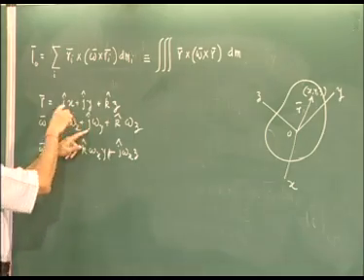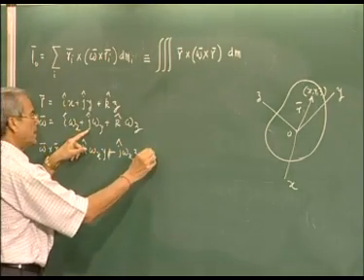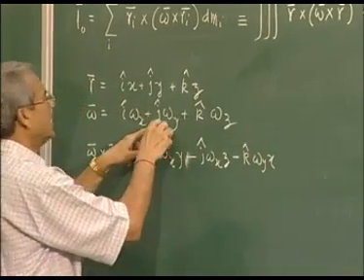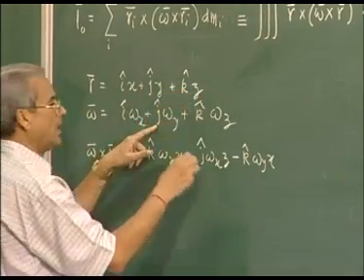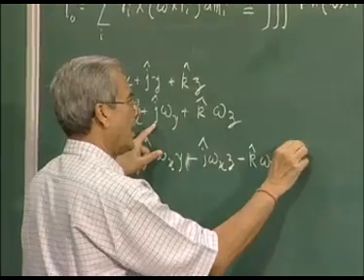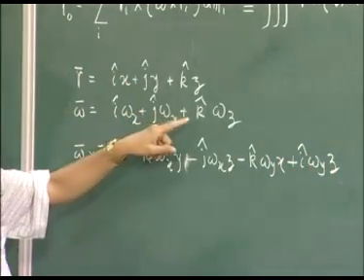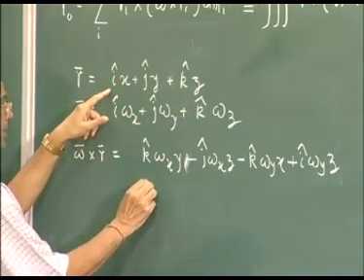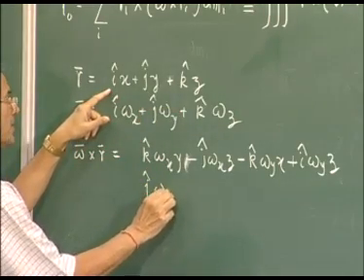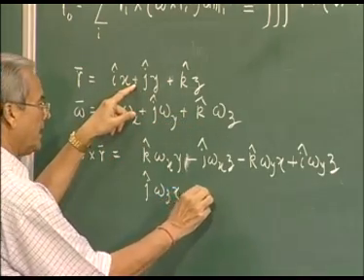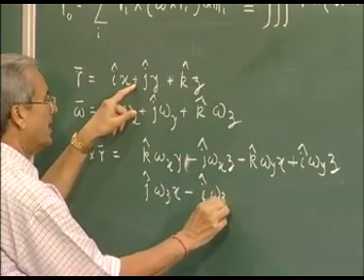Then next, j cross i is minus k omega y x, j cross j is 0, j cross k is plus i omega y z, plus k cross i is j omega z x, plus k cross j is minus i omega z y.